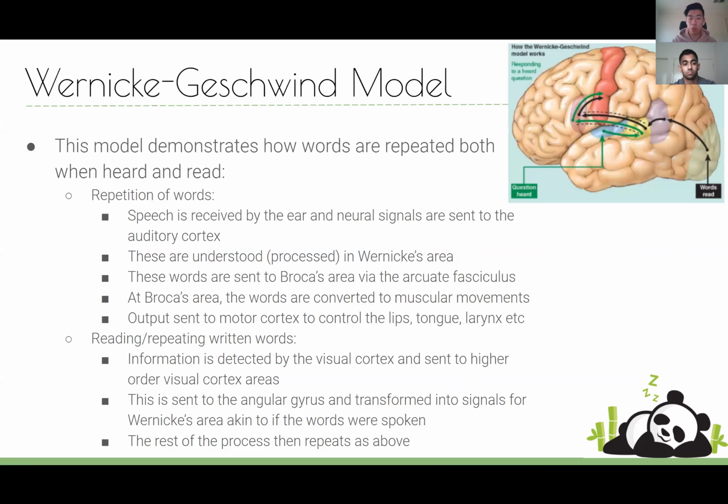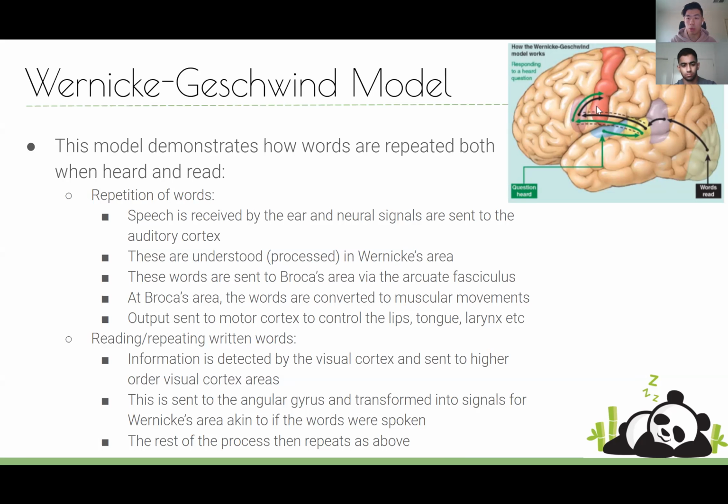The Wernicke-Geschwind model is, I guess, a way of interpreting how the things we hear and then speak are processed. So the reading and speaking is basically the same, but in terms of repetition of words, the speech is heard by ear and sent to the auditory cortex. These are understood in Wernicke's area and then sent to Broca's area via the arcuate fasciculus.